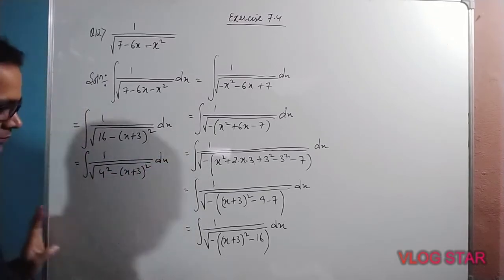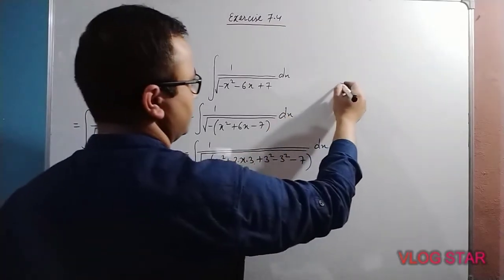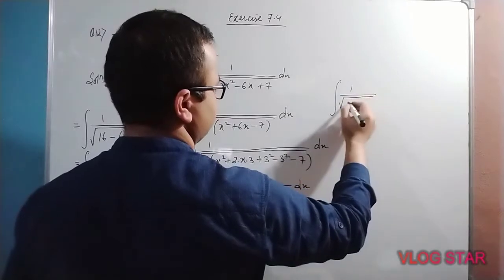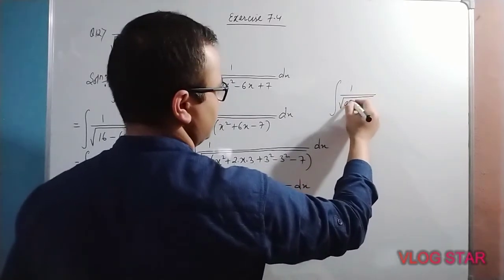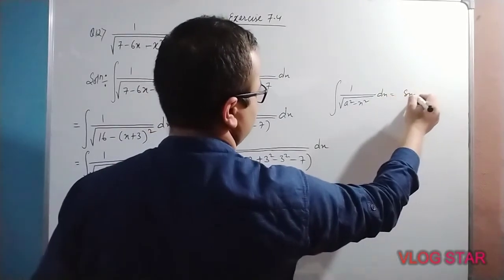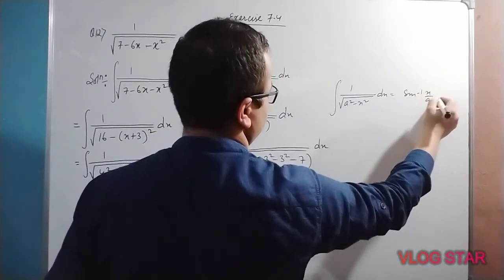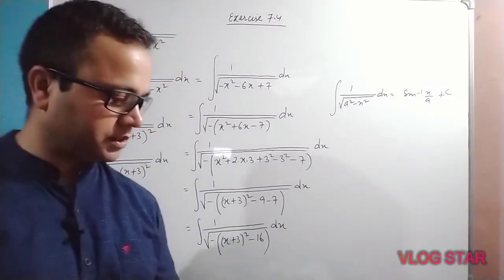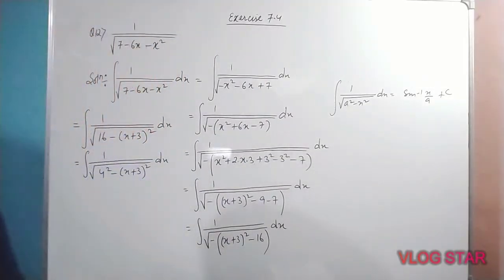We know that the integration of 1 by root under a square minus x square dx is sine inverse x by a plus c.